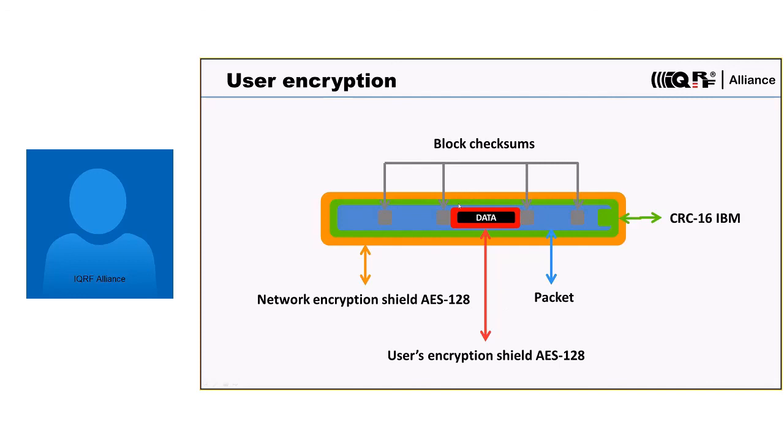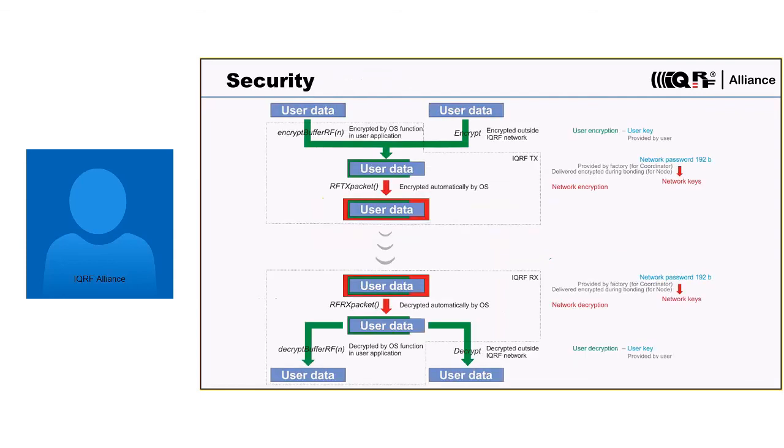Okay, so this is how it looks like, and here is a picture of the point that actually you can encrypt the data in the module or also outside. Okay, so for example, here you encrypt the data, let's say on the cloud. They are sent encrypted through the gateway to the coordinator.